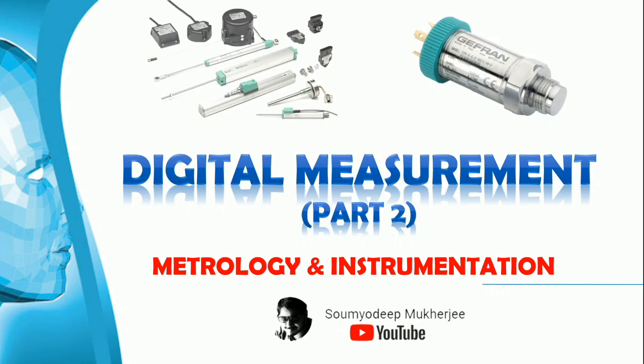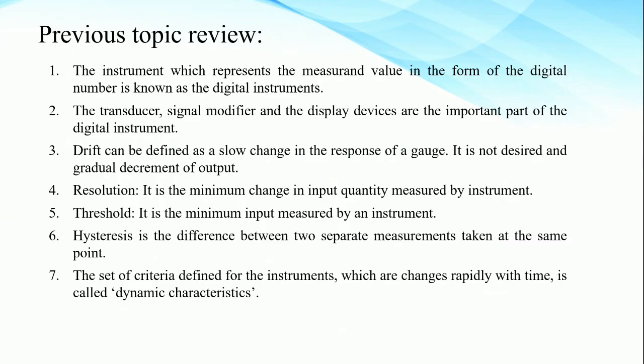Okay, so in our previous talk, we discussed what digital measurement is and its importance nowadays. You got to know that there are different parts associated with any kind of digital instrument, and the basic parts are the transducer, the signal modifier and the display device.